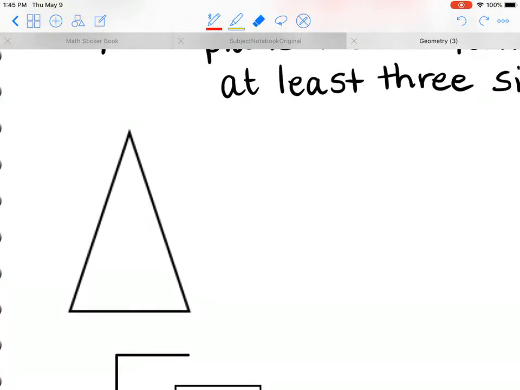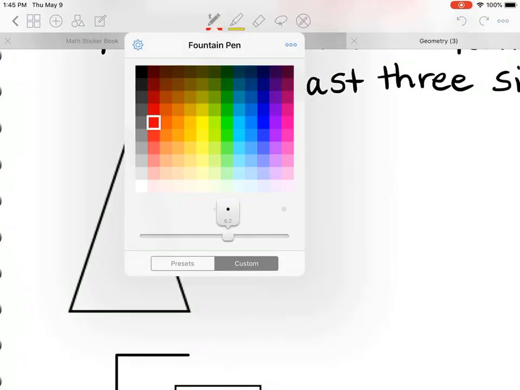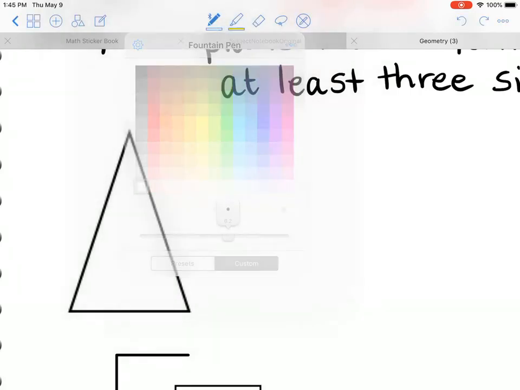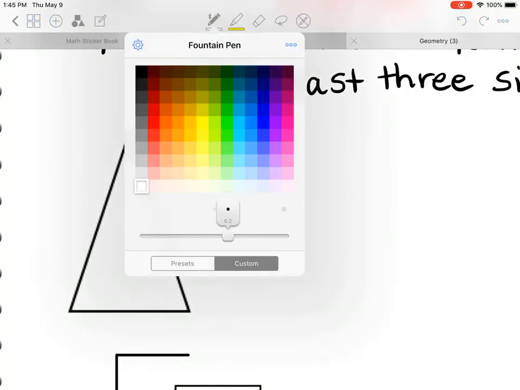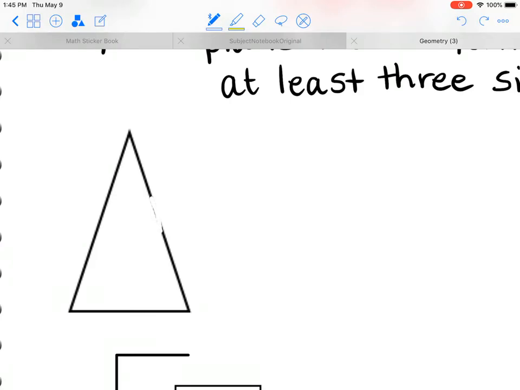But if I were to take a section out of this figure, so if I were to open a place in there, that is open, okay?